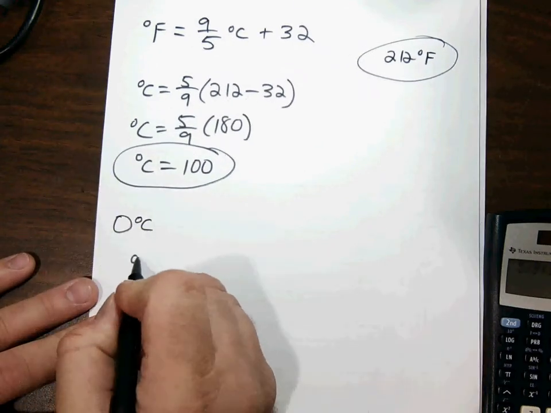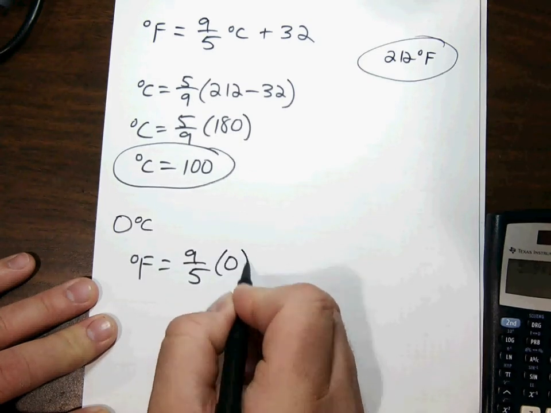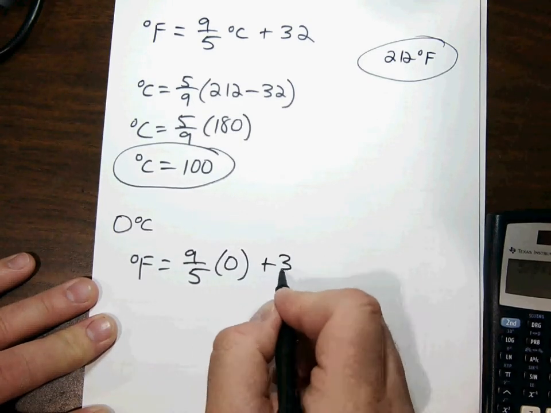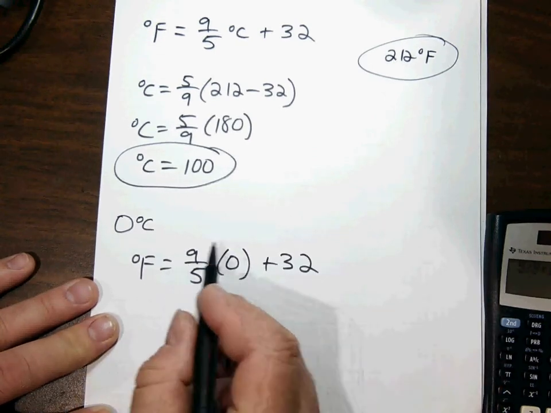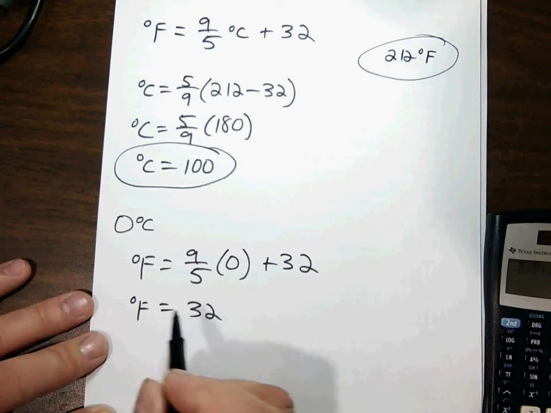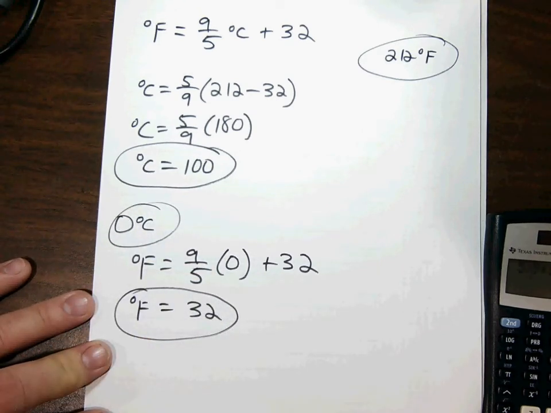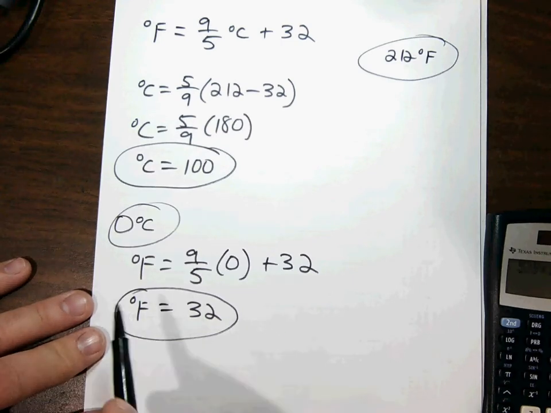Degrees Fahrenheit equals 9/5 times 0 degrees Celsius plus 32. So 9/5 times 0 is just 0, so 32. If you didn't know, the freezing point of water, 0 degrees Celsius, is the same thing as 32 degrees Fahrenheit. Boiling point 100 and 212.